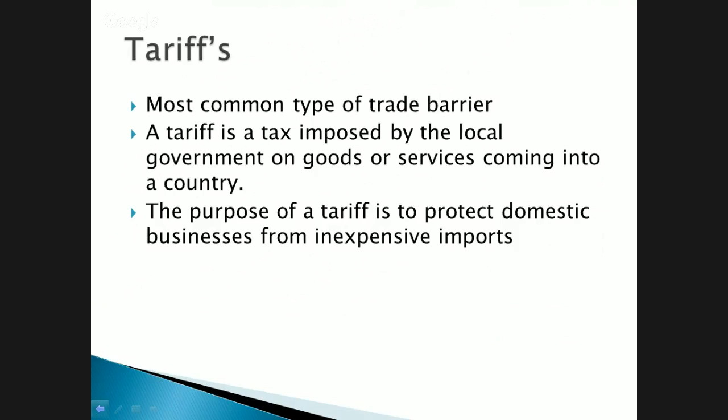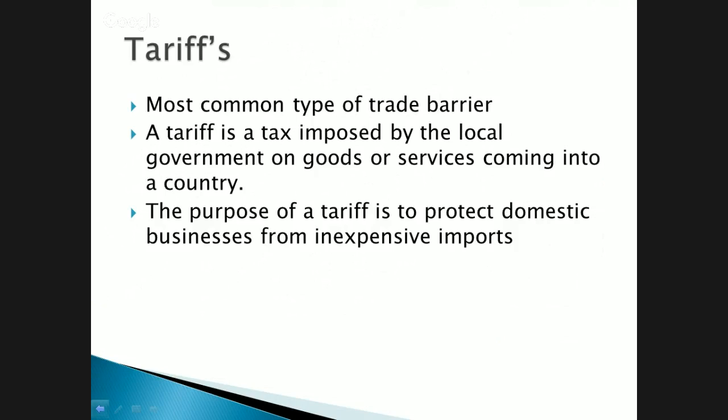So an example would be like if a manufacturer in Canada made a shirt for 20 bucks, they'd mark the shirt up for a retail cost of $40 or $45 so that they could make a profit. But a manufacturer from Thailand that could produce the shirt quite more economically for say $10 and still mark up the shirt by $20 or $25, they'd have a final selling price of $30 or $35, which would undercut our local business.